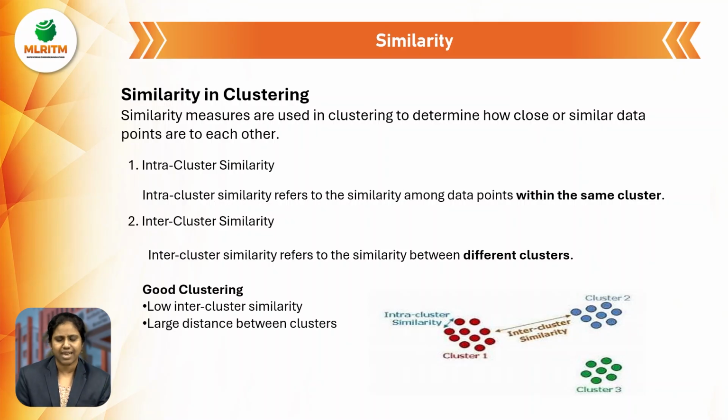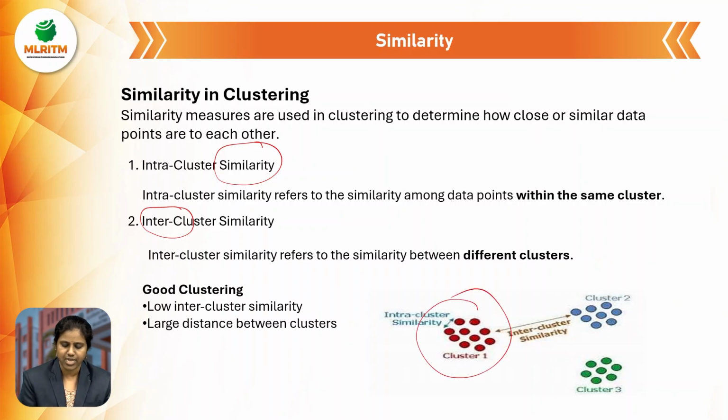In this similarity, we have two types: intra-cluster similarity and inter-cluster similarity. In intra-cluster similarity, we are grouping the similarity among the data points within the same cluster, whereas in inter-cluster similarity, we are looking at items in different clusters. You can see the example over here. For intra-cluster, the items are present within the cluster. You can see the double-sided arrows giving a distance; the differences will be low and the similarity will be more.